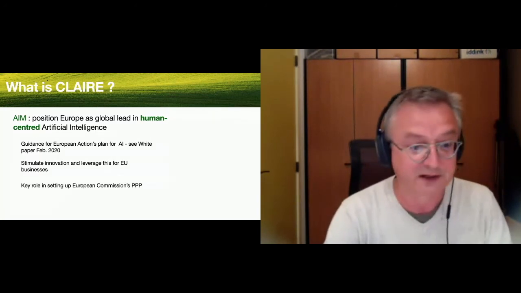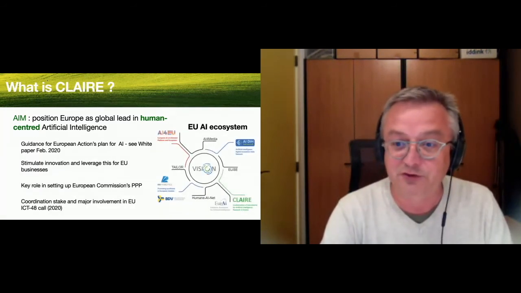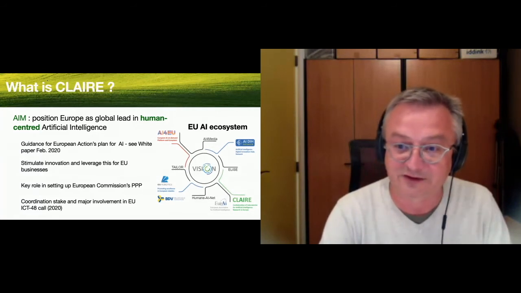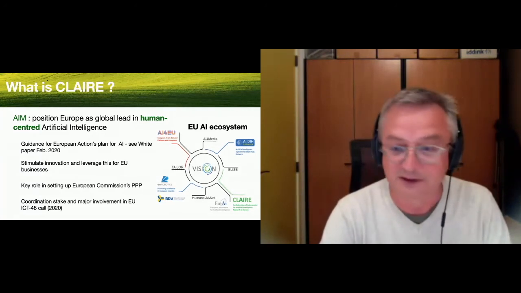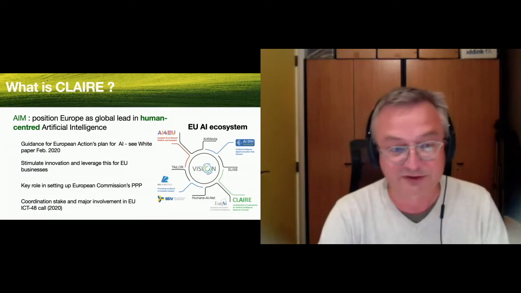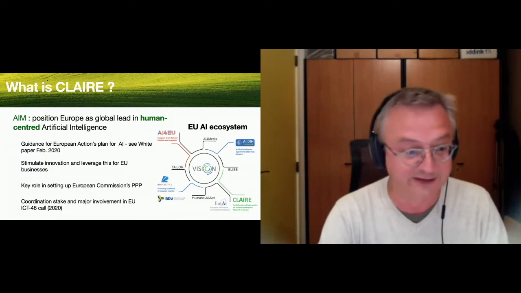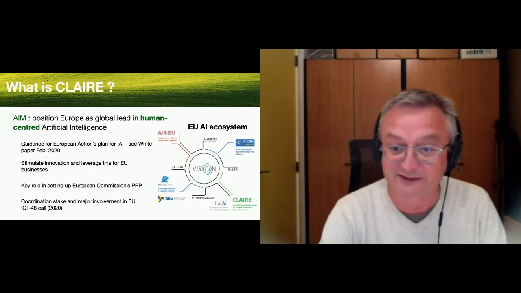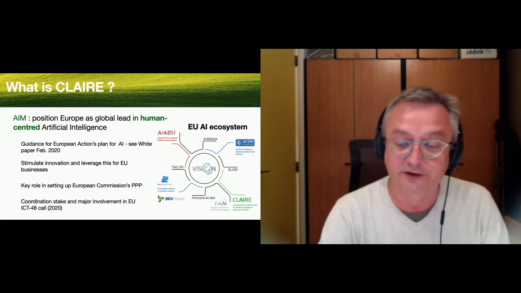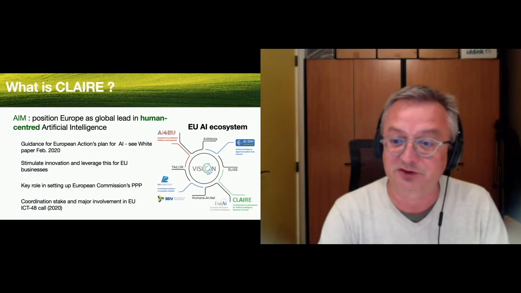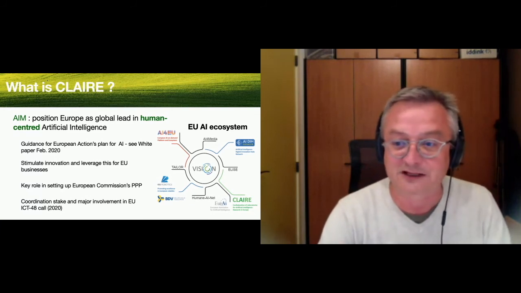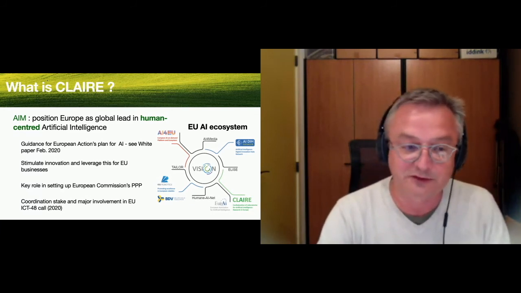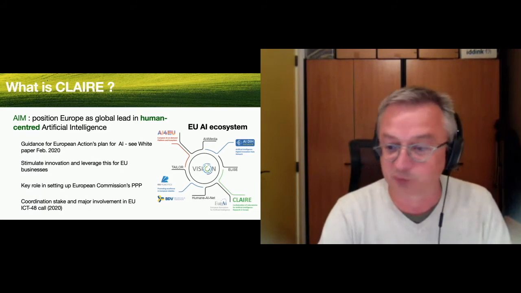public-private partnerships. And here on the right, I show you the current ecosystem that exists on AI and machine learning research in Europe, which has been largely financed recently by an EU call, ICT48. You see in the center 5 important new projects, which are AI4Media, TAILOR, ELISE, HumanE AI Net, and VISION. These all cover different aspects of AI and machine learning. One is about the link with media. Another is about building trustworthy AI systems.